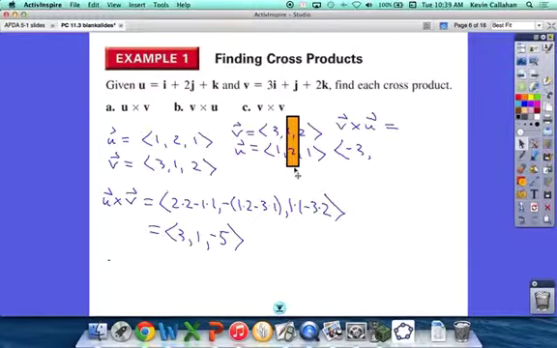Move it over. 3 times 1 minus 1 times 2. Right? That would be 3 minus 2 is 1, but there's a minus in front, so it's negative 1. Move it over. 3 times 2 minus 1 times 1. 6 minus 1, 5.